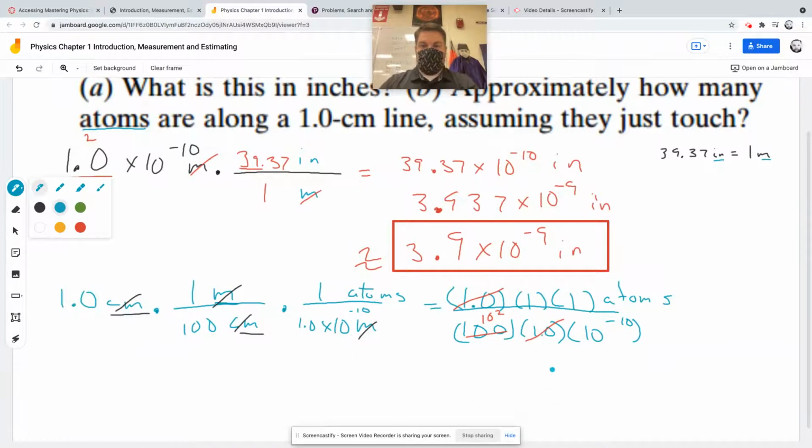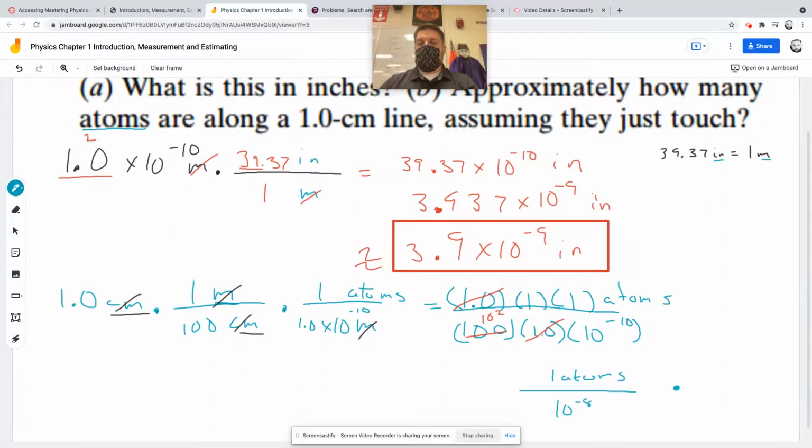So I've got 1 atoms on the top. And on the bottom, what's 10 to the second power times 10 to the negative 10? What's the shortcut? What do we do with the powers? Yep, so it's 10 to the negative 8.